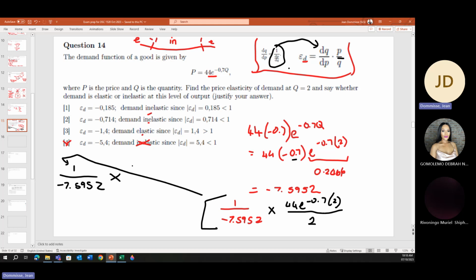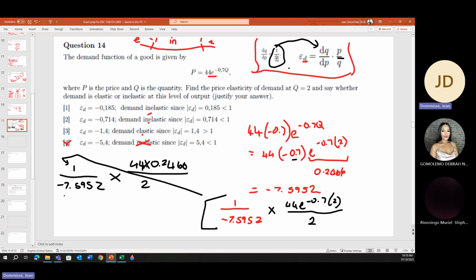So at the top, we will then have 44 times 0.2466, because that e to the minus 1.4 is 0.2466, so that at least stayed the same. And we will divide by 2. So let's just put there multiplication, so that we don't see it as a point.